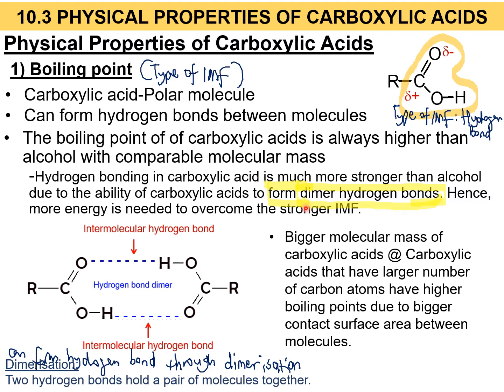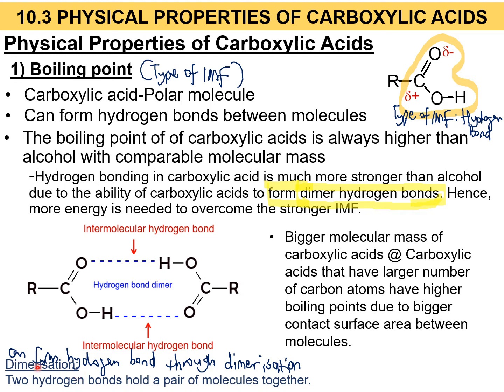So disebabkan carboxylic acid ni dia boleh form hydrogen bond through dimerization, that's why dia ada stronger type of hydrogen bonds. Therefore dia lagi perlukan banyak energy untuk overcome the stronger intermolecular forces. That's why lah carboxylic acids ni dia punya boiling point will always be the highest compared to any other organic compound. Okay, alright, so macam mana dia boleh buat dimerization ni?